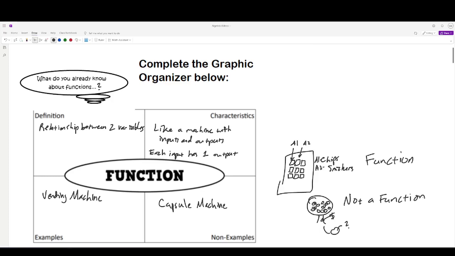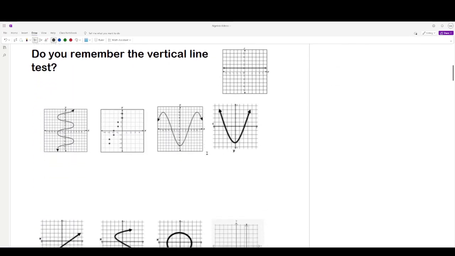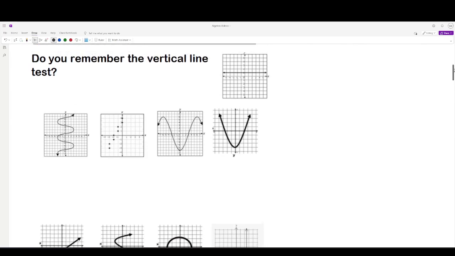So we're starting off our review of functions with remembering how to identify them. There's multiple ways that we can see functions represented. We can see them represented in ideas, like with the vending machines, or we can see them represented in mathematical ways. So these are functions as drawn on a graph. Do you remember the vertical line test?